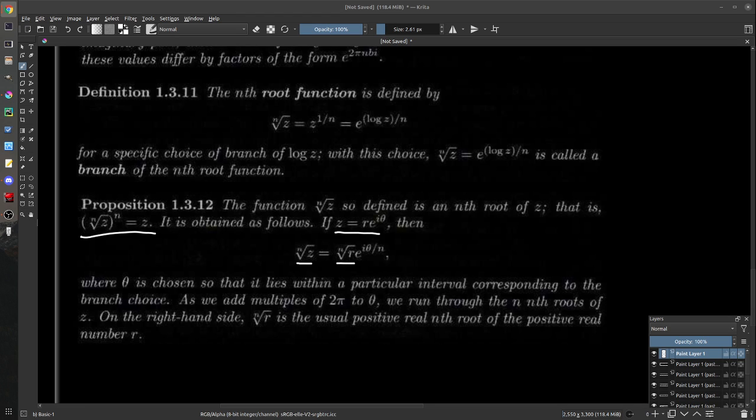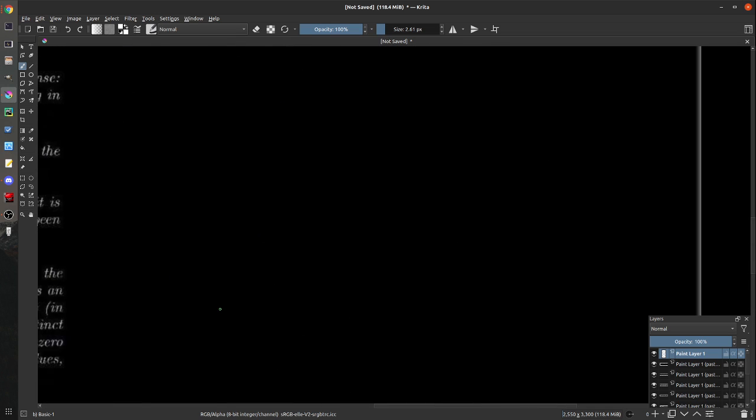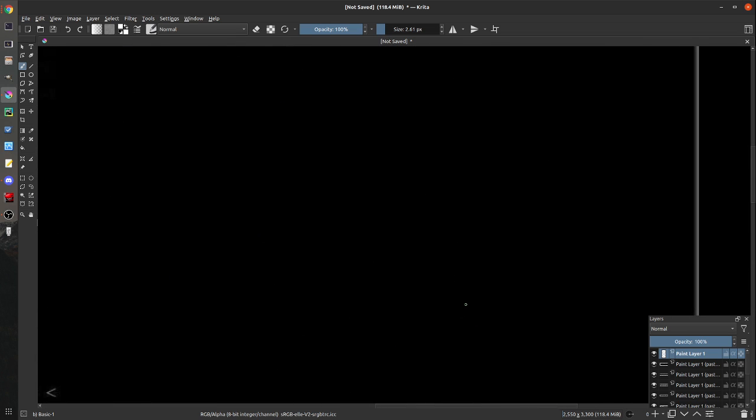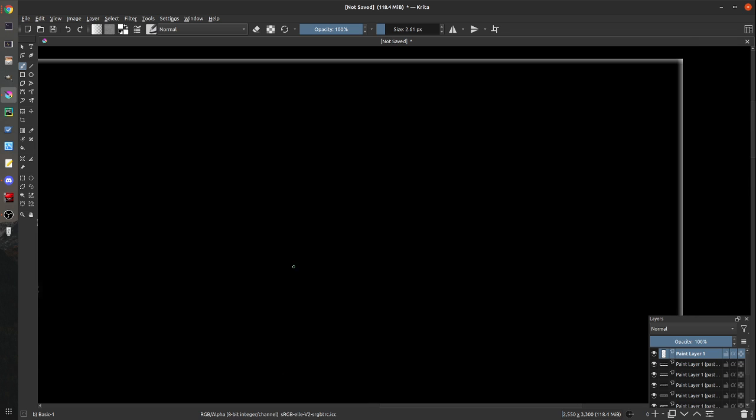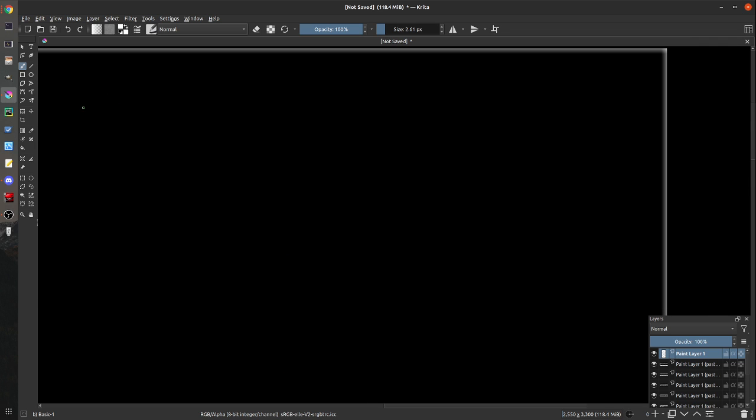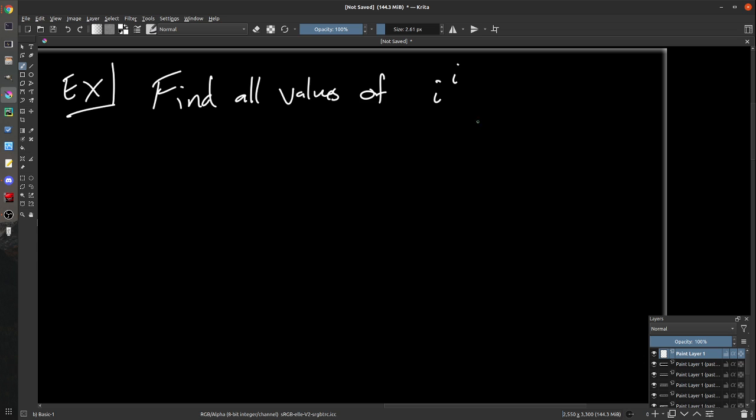So there's a lot of different examples we could do. Let's start out with something simple. Let's do a few of them really quick. Let's find all values of i to the i. All we're going to do is proceed with the definition.